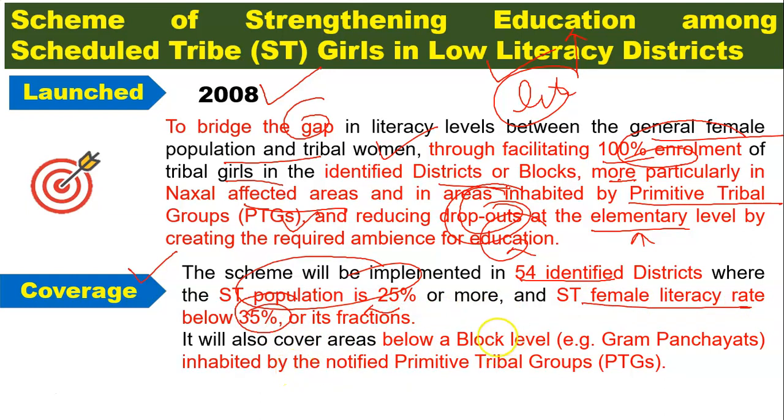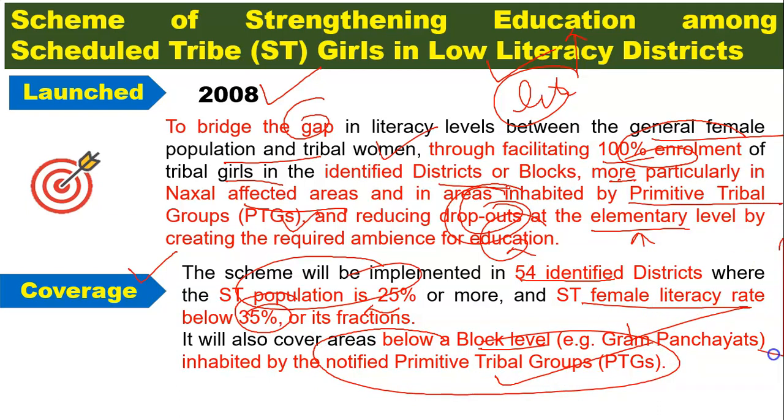It will also cover areas below block level, that is at Gram Panchayat level, which are inhabited by notified primitive tribal groups. So this is the criteria or coverage for this scheme.